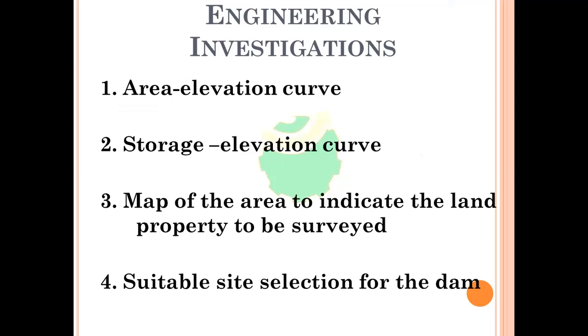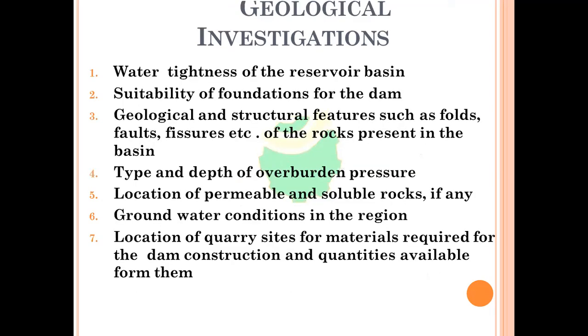These engineering investigations are again divided into four types. First one, area elevation curve. Second one, storage elevation curve. Third one, map of the area to indicate the land property to be surveyed. Fourth one, suitable site selection for the dam.